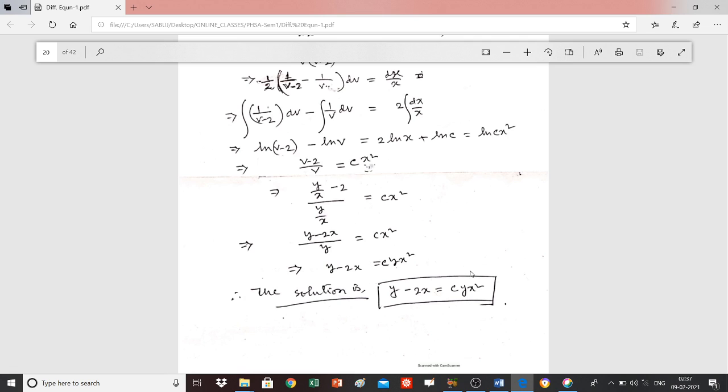So this is the end of this class, and you need to go through all these calculations and practice. If you do it once, then everything will be very clear to you, and you can solve this kind of equation through your own effort. So this is the end of this class.